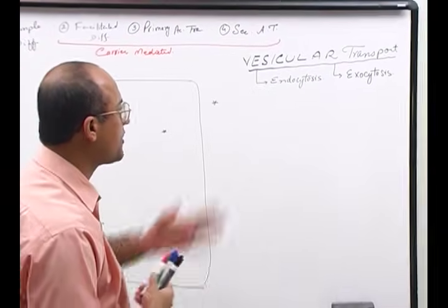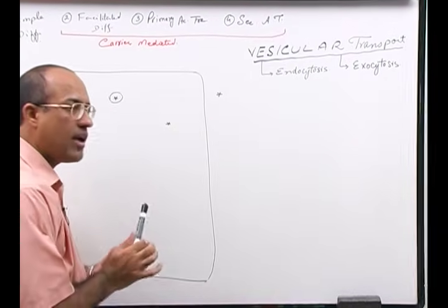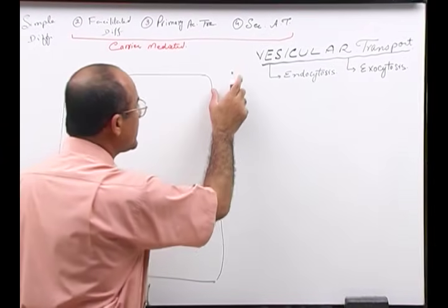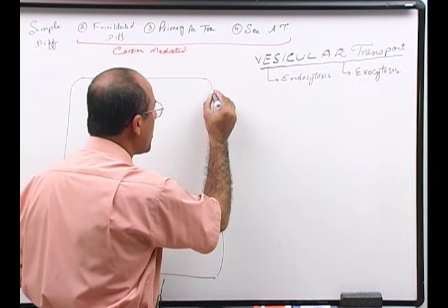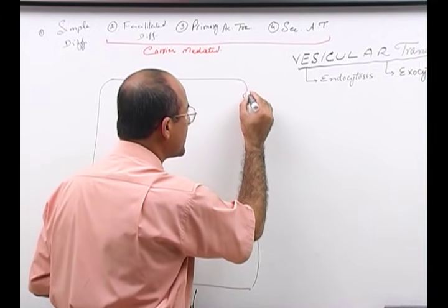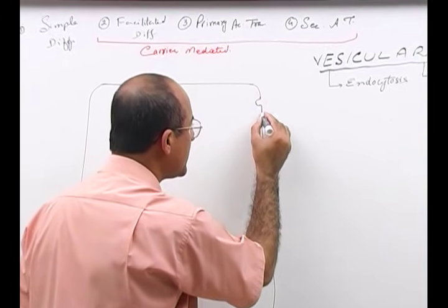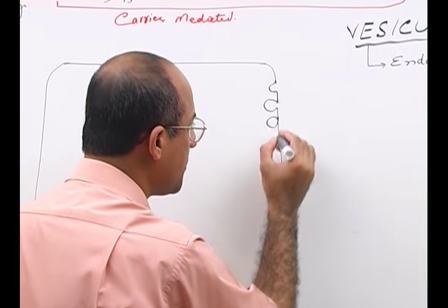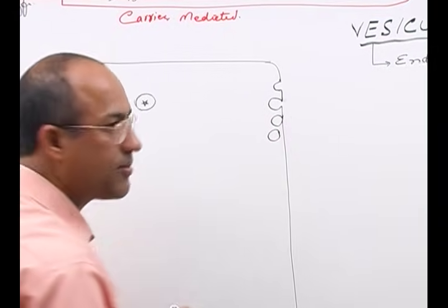Now let me go into a little more detail. There are three types of endocytosis. One type of endocytosis is very common. In many cells, their membranes make small indentations, and then these indentations become deeper and deeper, and then this detaches.